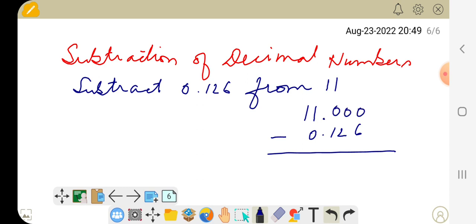Now if I add zeros, the number remains the same. So simple subtraction: 10 minus 6 is 4, 9 minus 2 is 7, 9 minus 1 is 8, and here the decimal point. Clear? Now it becomes 10. So our answer is 10.874. Clear? This is the way you have to do the subtraction.